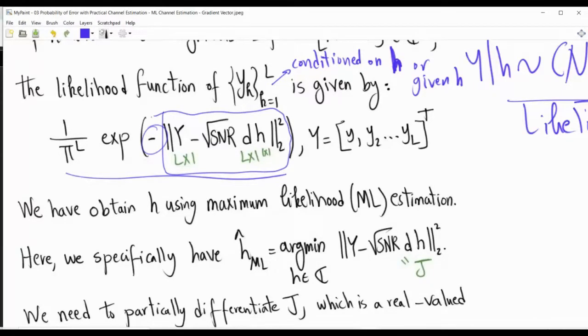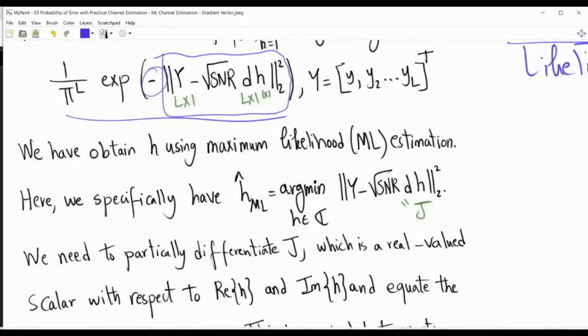So the maximum likelihood estimate in our particular case is H that minimizes the L2 norm squared of Y minus square root SNR D H, which I will call J. So how do we solve this problem?